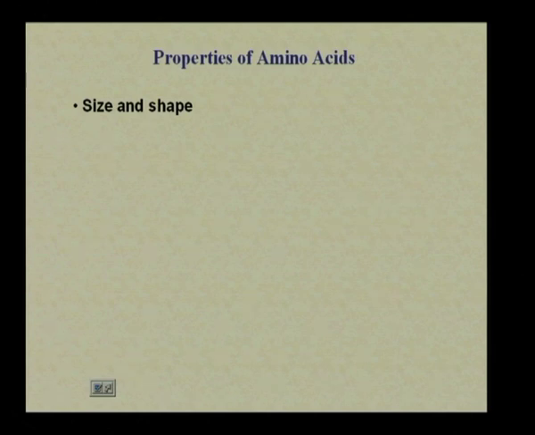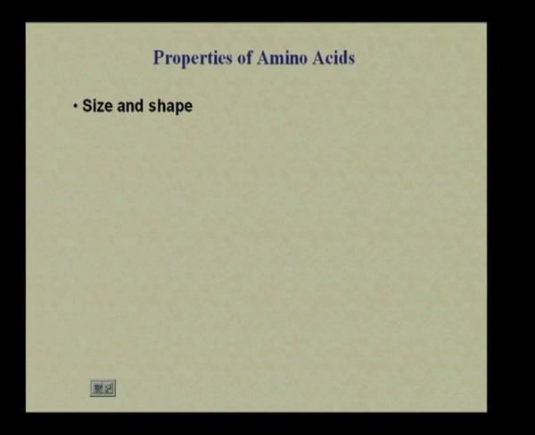So, the size and the shape of the amino acid is dependent on what? On the R group, because the rest of it is the same. What is the rest of it? We have the asymmetric carbon atom that is referred to as the alpha carbon atom. Then we have the amino group, the carboxylic group and a hydrogen that is common to all amino acids.